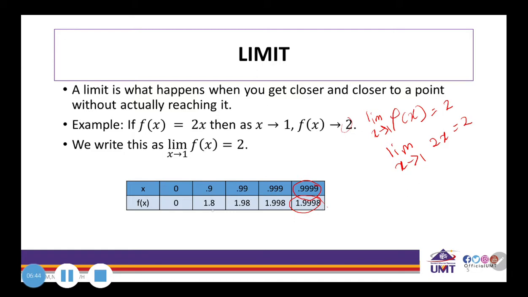So for 0.9 you can get 1.8 compared to 0.9999, and it is 1.9998, which is much closer to 2.